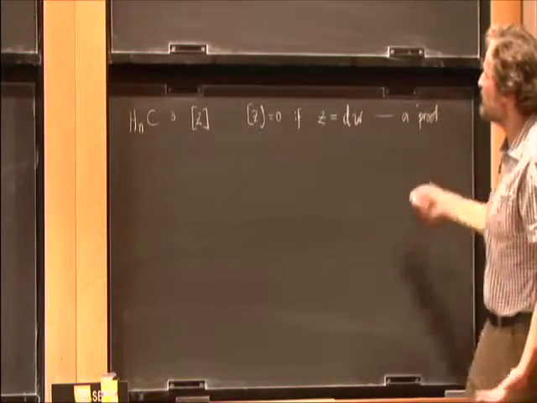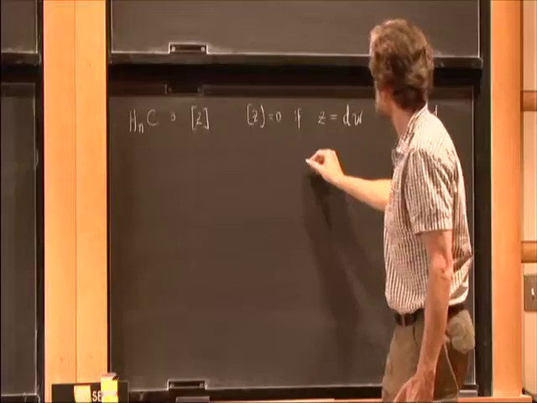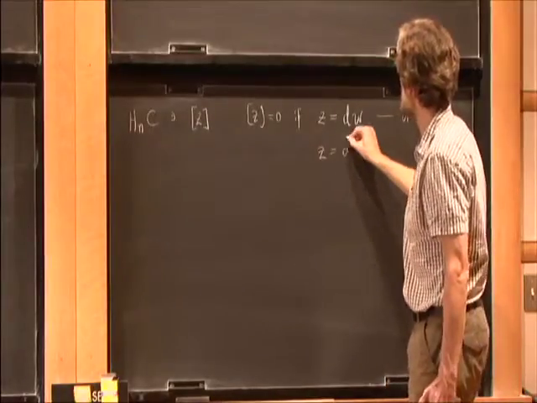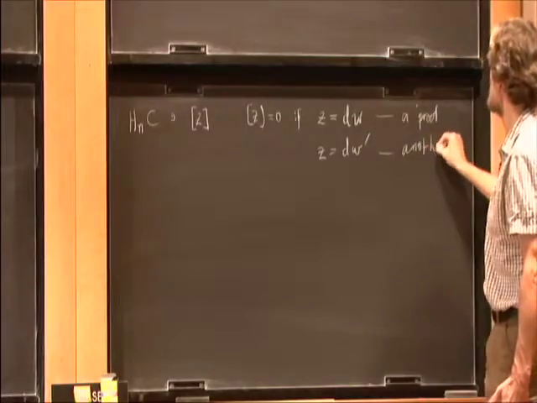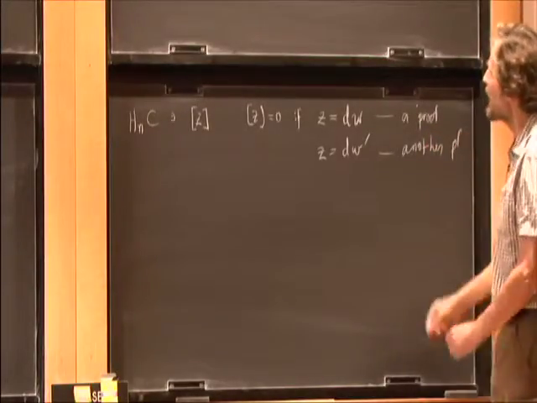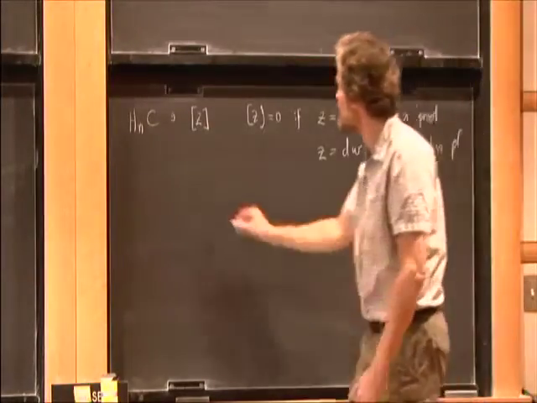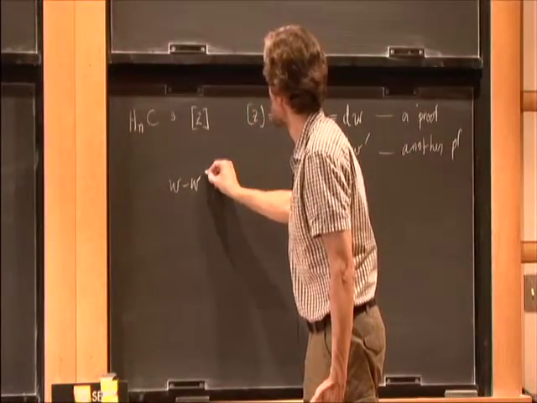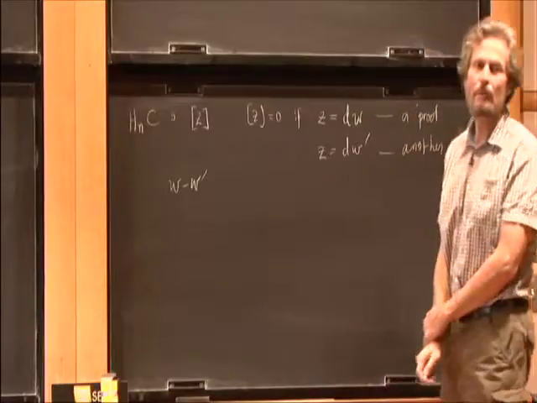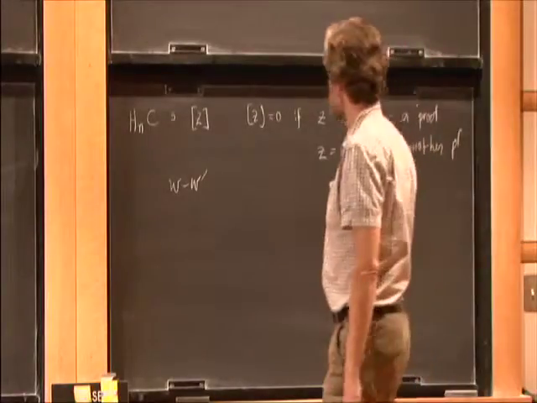And examine what happens if you have 2 proofs. If you have 2 proofs, then you also have Z written as D of W prime. And what you can do with 2 proofs is to subtract the corresponding chains in dimension n plus 1 and get a cycle.